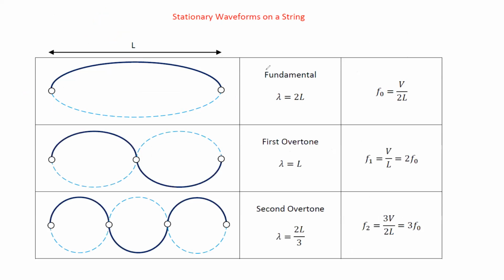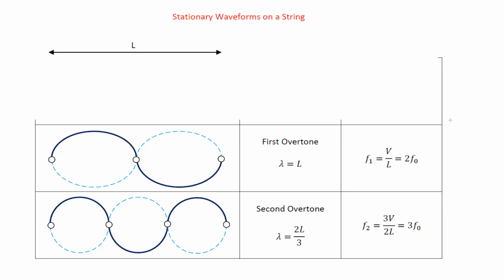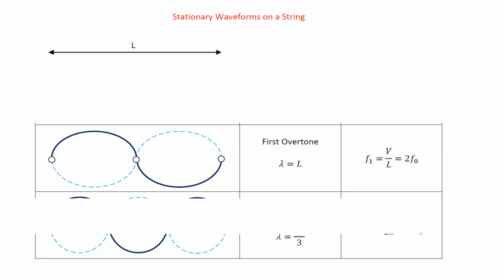What if it is vibrating in two loops? For example, if a string is vibrating in two loops, we can also say first overtone.